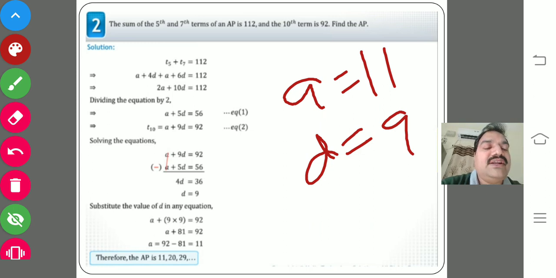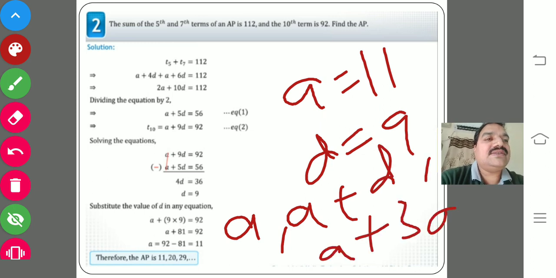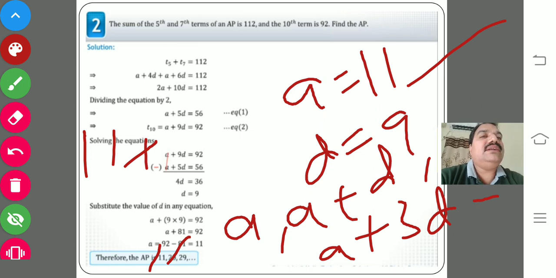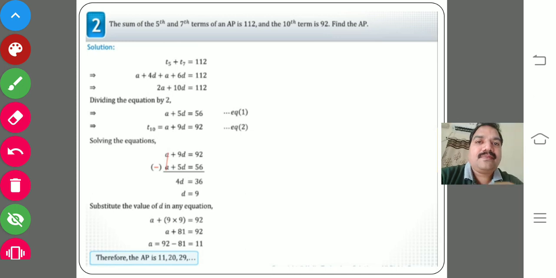AP means an arithmetic series: A, A plus D, A plus 2D, and so on. So you write A equal to 11, the first term. Second, A plus D, 11 plus 9, 20. Then A plus 2D, A is 11 and 2D, 2 nines are 18, so 11 plus 18 is 29. Like that you have to write. Clear, children?